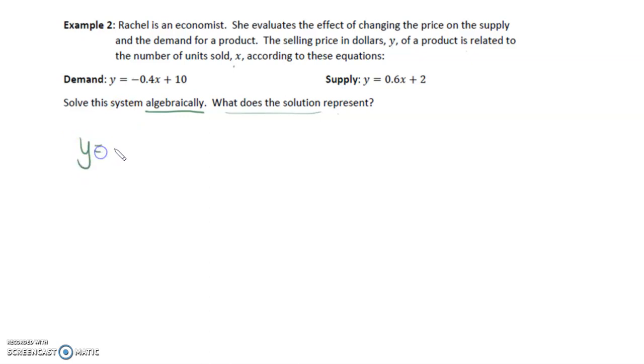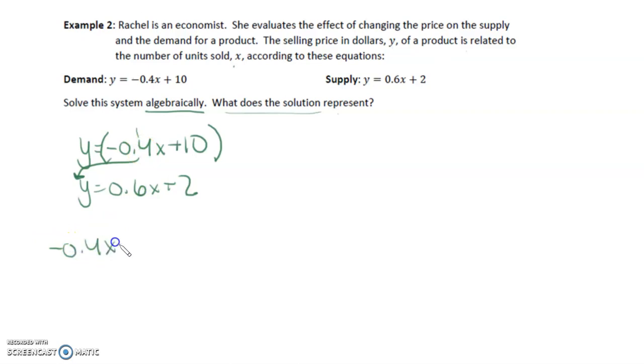So we have y equals negative 0.4x plus 10, and then y equals 0.6x plus 2. So in this question, we have two variables that are actually isolated. So let's just take this expression here, and let's substitute it in here for y. So we actually are going to equate these two. Negative 0.4x plus 10 equals 0.6x plus 2.